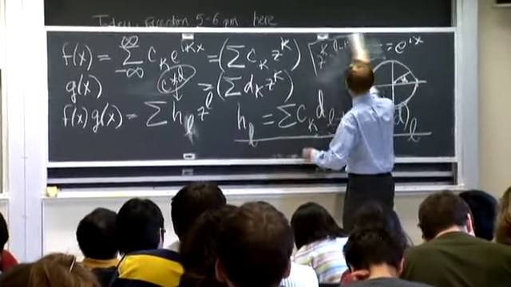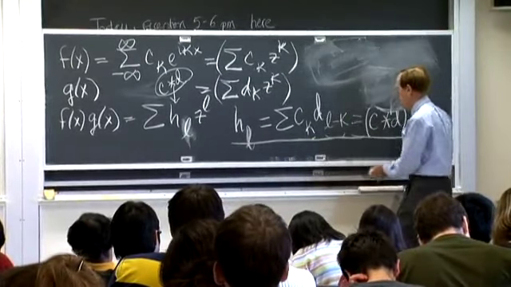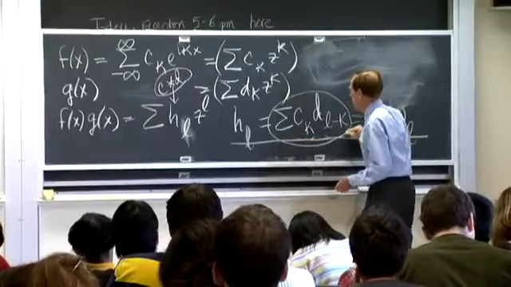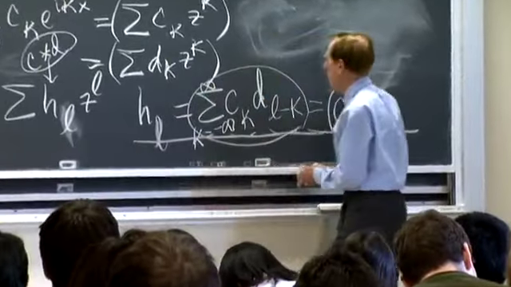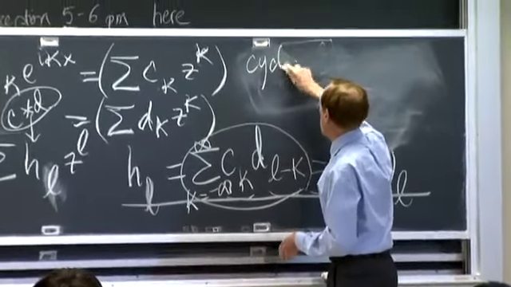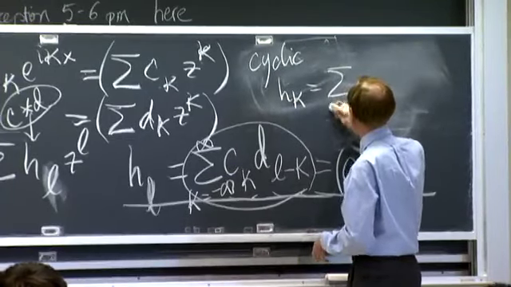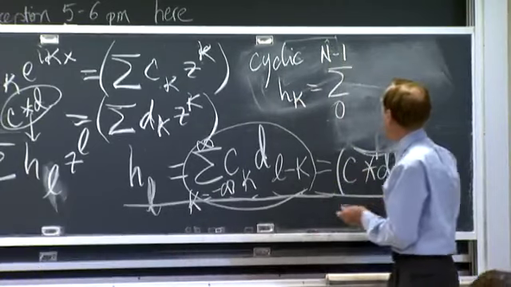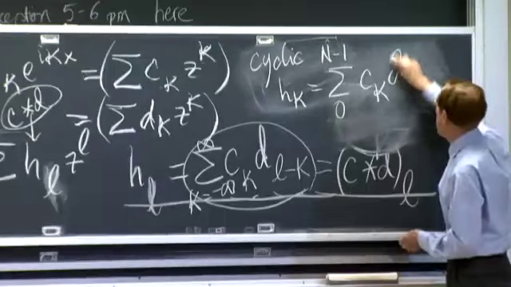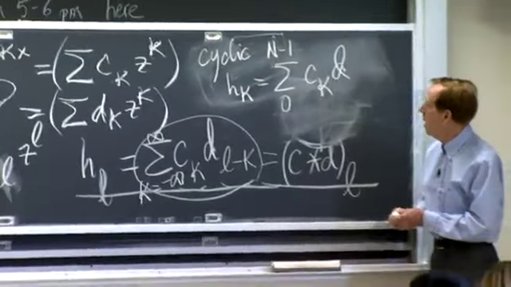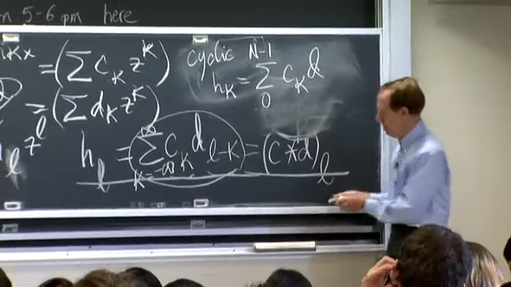What do I get when, instead of this sum, which went from k equal minus infinity to infinity, in the cyclic case, hk is just going to be a sum from 0 to n minus 1, and there'll be a ck and a d something, and now this is the cyclic case.